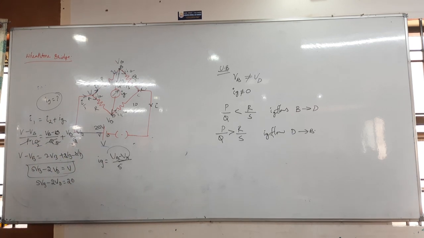Have you written the shortcut point? How to get the equivalent resistance? Write that.